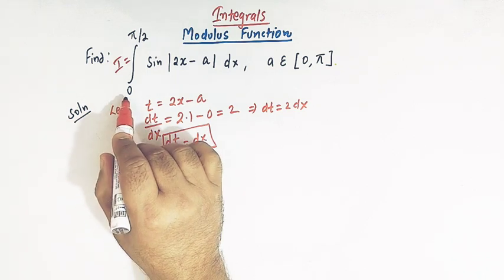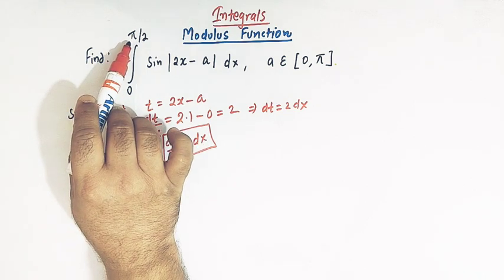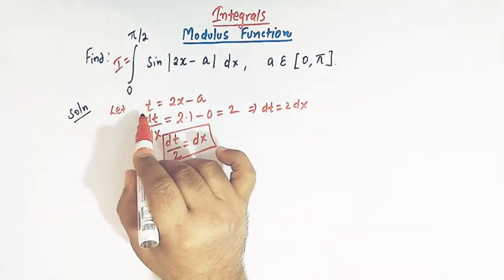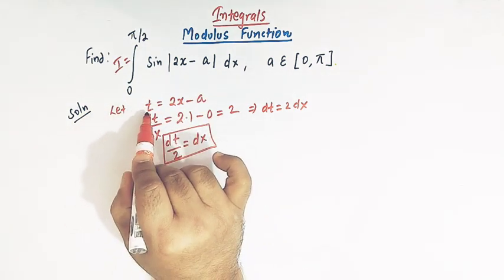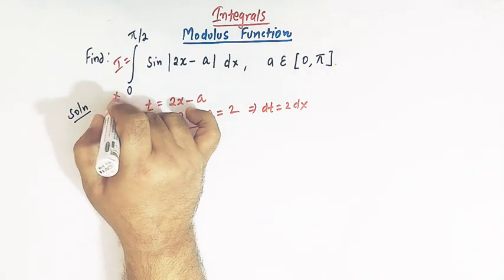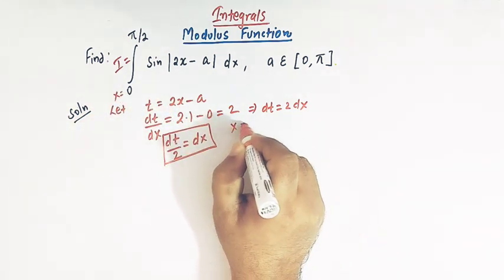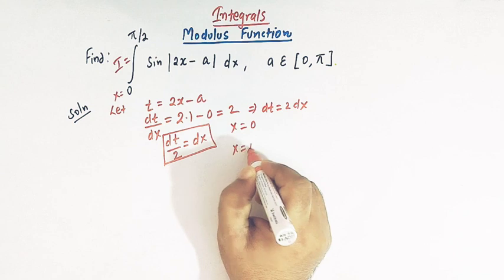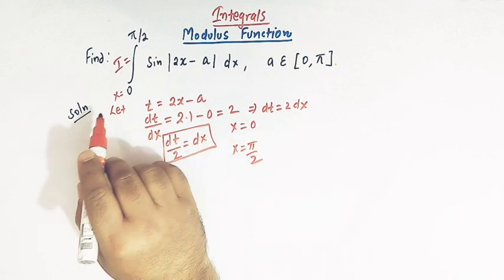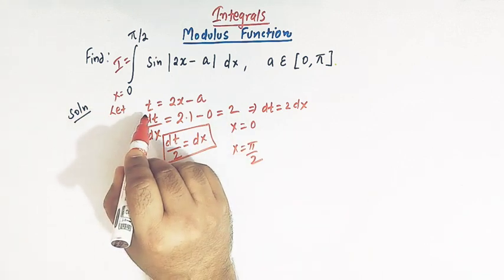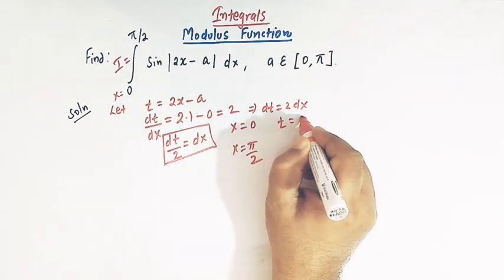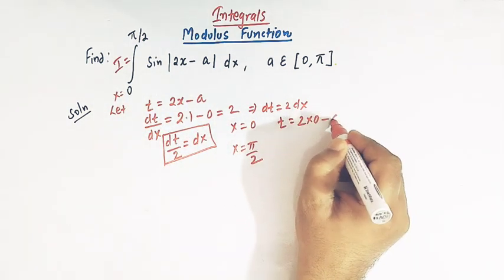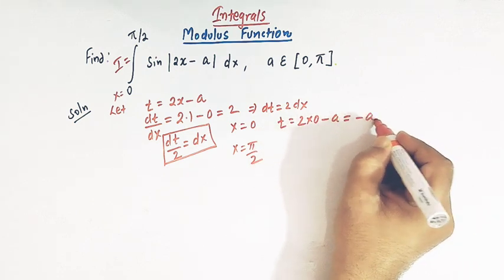So here the lower limit is 0, the upper limit is pi by 2, and since by method of substitution we are introducing a new variable t, here x varies from 0 to pi by 2. So let us find the corresponding value of t. When x is 0, the value of t is 2 times 0 minus a, that is minus a, right?